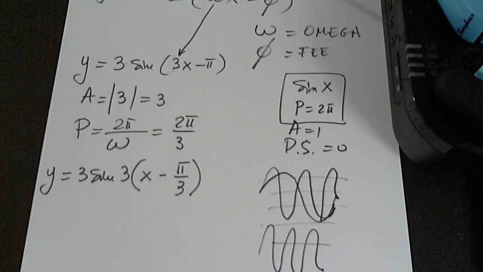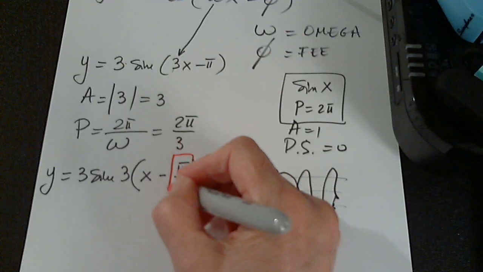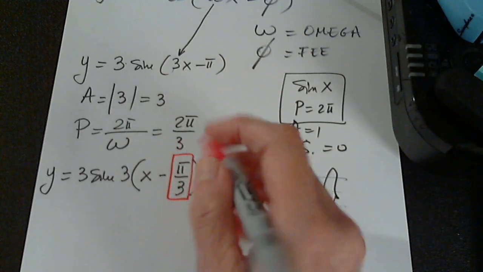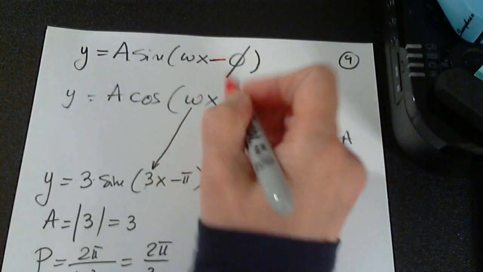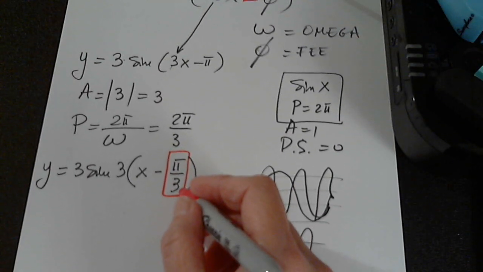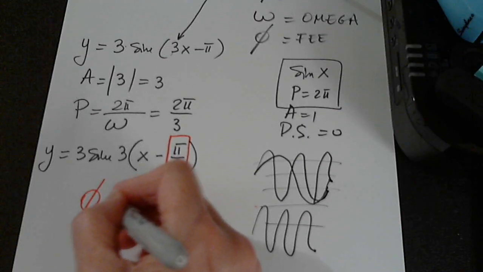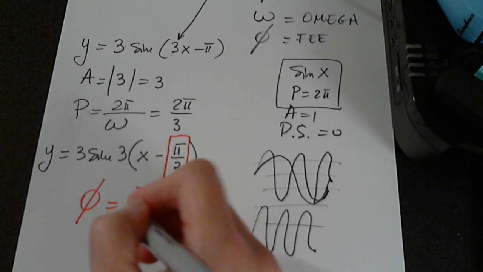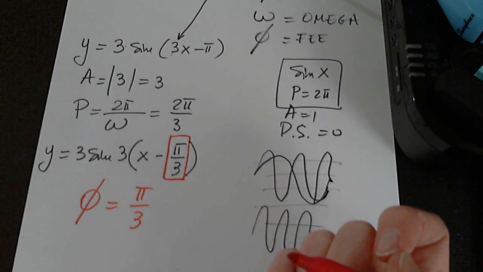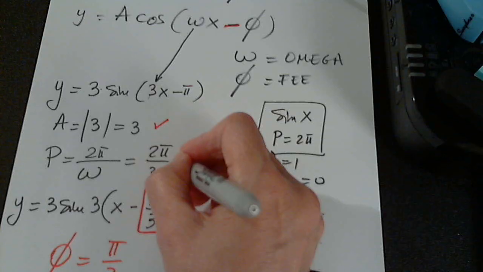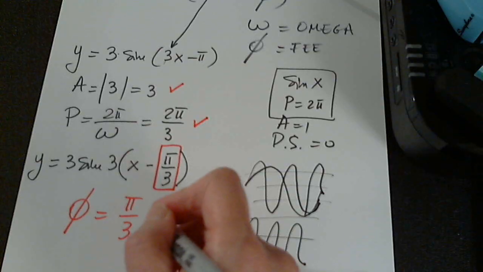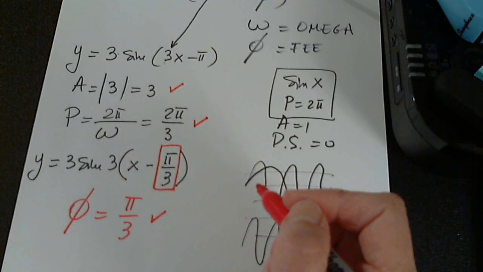This is what I need to identify the phase shift. Notice the negative. So the phase shift, which is phi, is pi over 3, of course, to the right. So we identify the amplitude, we identify the period, and we identify the phase shift.